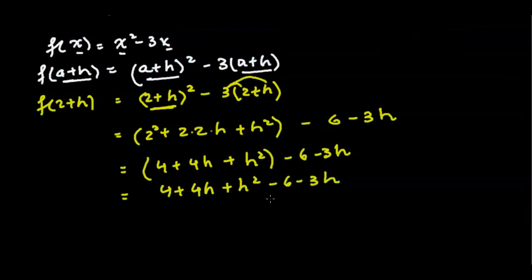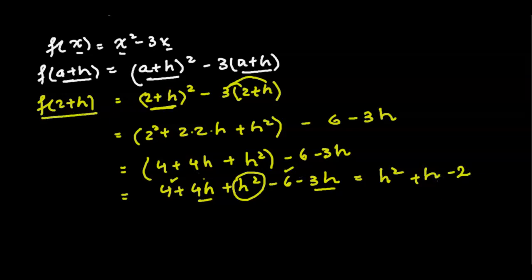We don't have to put a bracket, and we can collect like terms. So we get h square, then 4h minus 3h gives us an h, and 4 minus 6 gives us a minus 2. So after simplifying f of 2 plus h, we get h squared plus h minus 2.